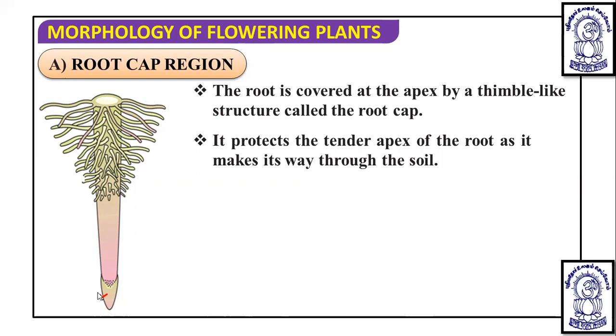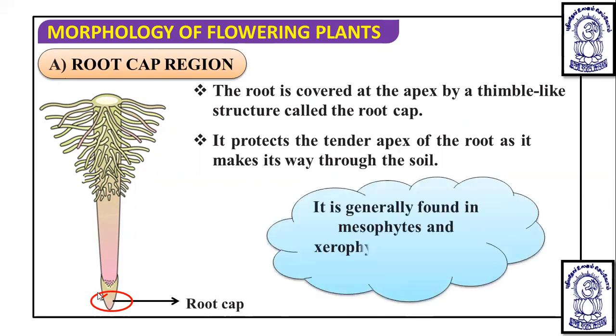One more important thing is that it is generally found in mesophytes. Mesophytes means mesic, which grow in soil that is neither too dry nor too wet. It is also found in xerophytic conditions. Plants growing in dry soils are xerophytes, so there also is a need of root cap. But it is absent in hydrophytes, because they have to pass through water.